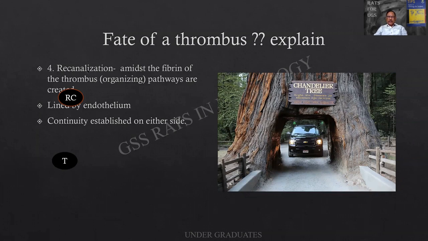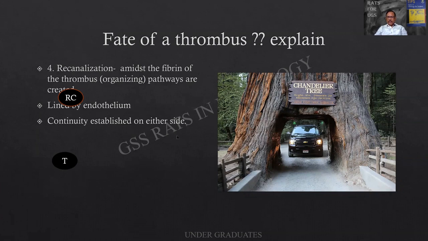Similarly, in a blood vessel, without destruction of the vessel, there is a partial paving way through the fibrin and the thrombus, which leads to what is called recanalization. And it is lined by endothelium. The continuity is established on either side.